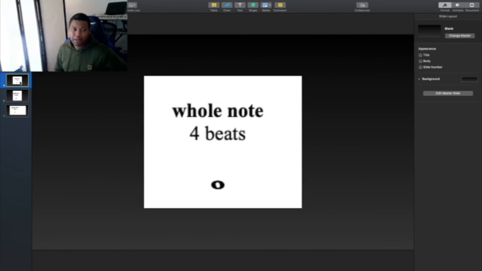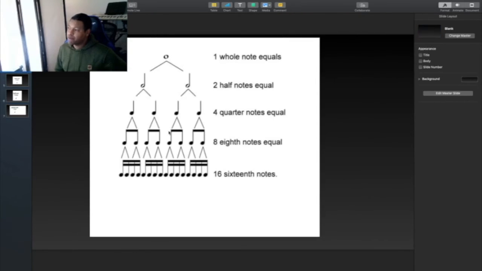We're going to get further along into 8th notes and 16th notes, but for right now, I want us to focus on whole notes, half notes, and quarter notes. Another time we're going to be focusing on the equivalent rests, like a whole rest, half rest, and quarter rest.